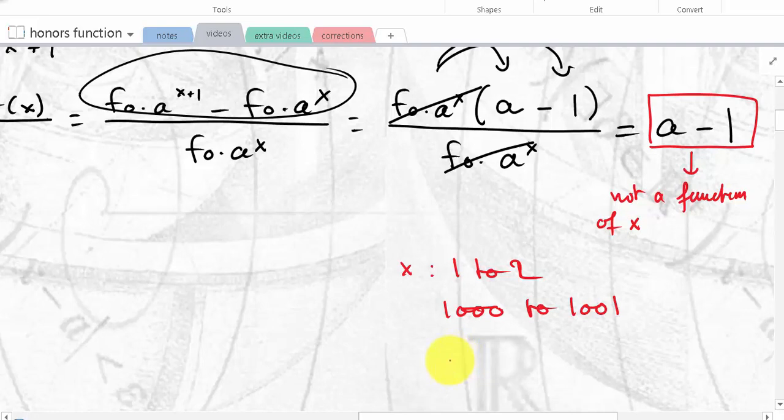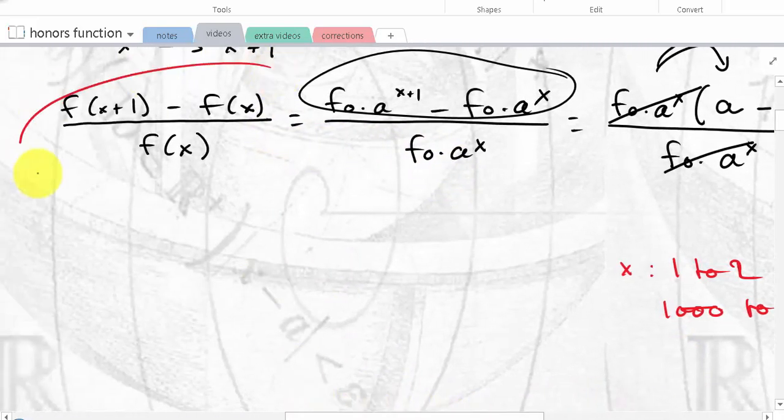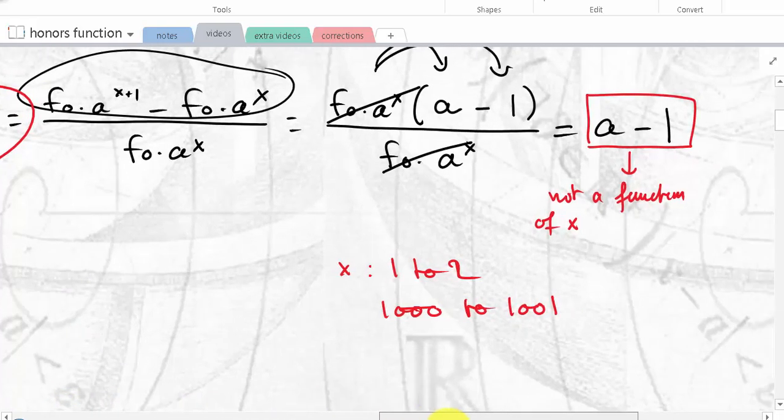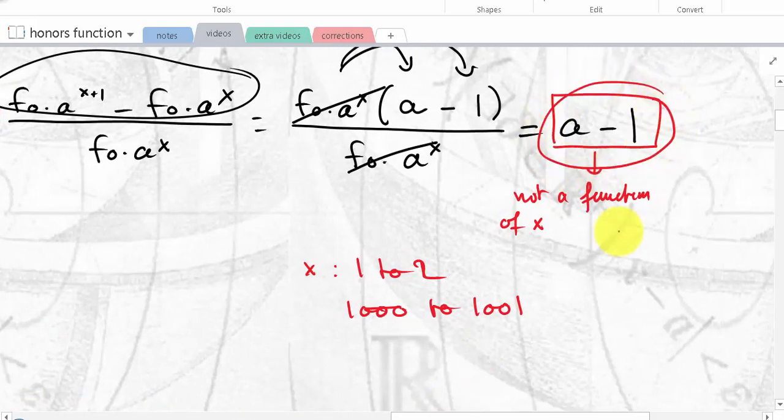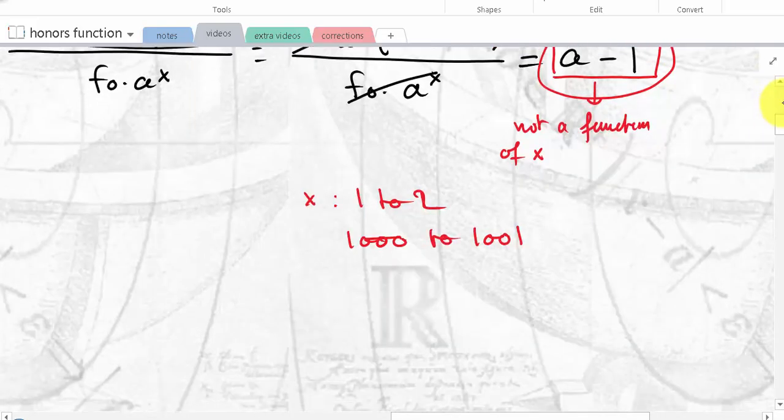The relative change, this ratio right here, will always be equal to a minus 1. If you set a minus 1 equal to r, then this is the relative rate of change, and you can read it in percent.